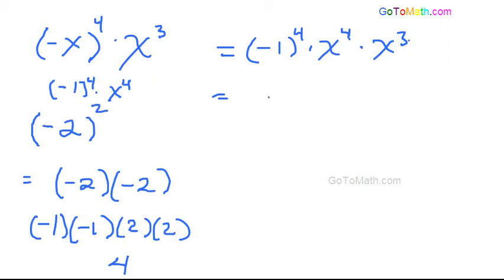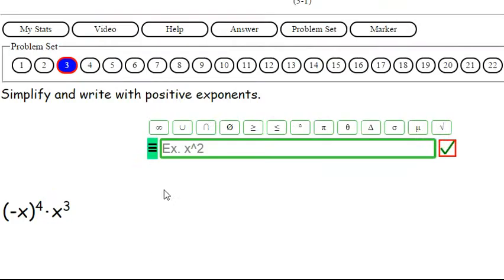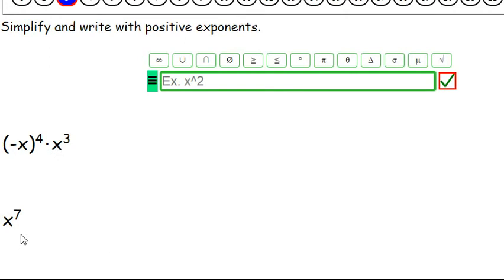And then we add our exponents and we get x to the 7th. So that's one way of looking at that. All right, x to the 7th. And there you go. Okay, so those kind of things can be tricky. You got to watch them.